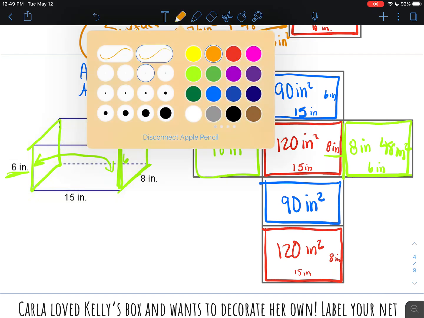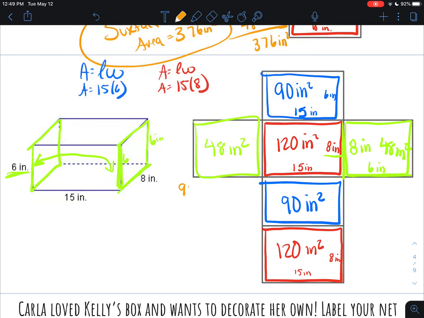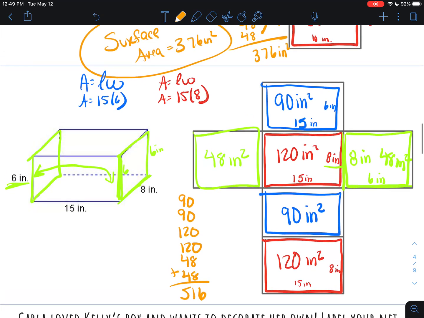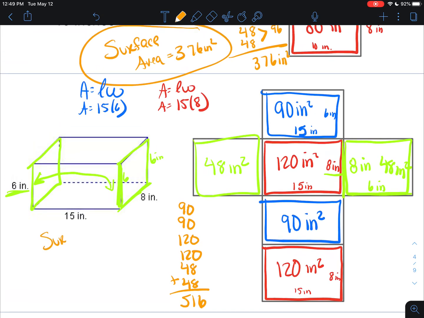So there's all my areas. So we're not done. We have to find our surface area. So I have 90, 90, 120, 120, 48, and 48. Going to add all of those up. 90 plus 90 plus 120 plus 120 plus 48 plus 48, and you should get 516.